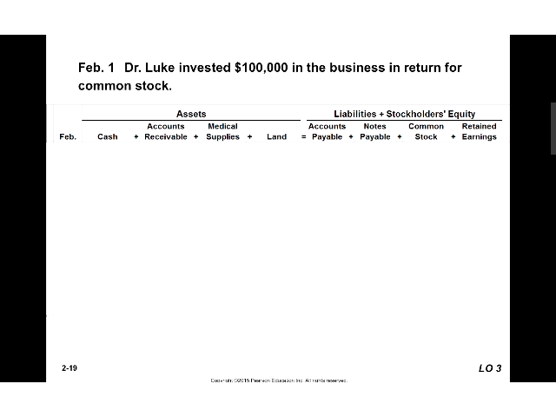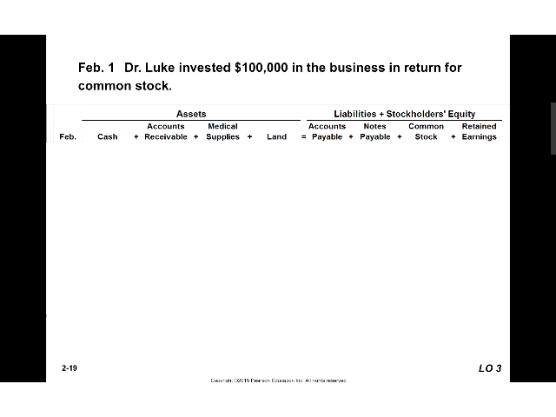So we have a series of transactions, and the first one is listed at the top of the screen. Dr. Luke invested $100,000 in the business in return for common stock. So we're looking at how this impacts assets, liabilities, and equity.